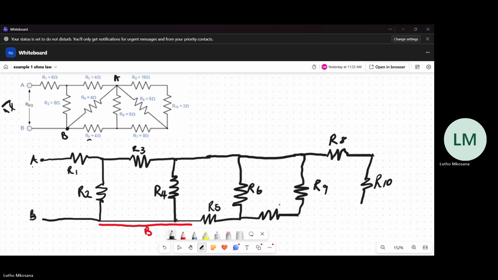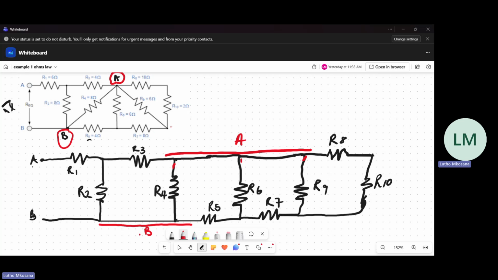This is R7. So this whole section over here, which connects R9, R6, and R4, is represented by our A, which is this A over here, and that B over there at the bottom.